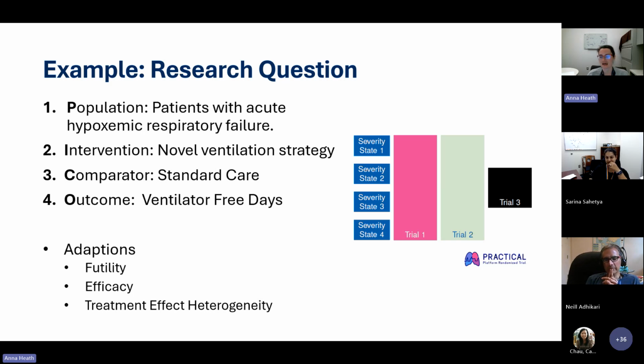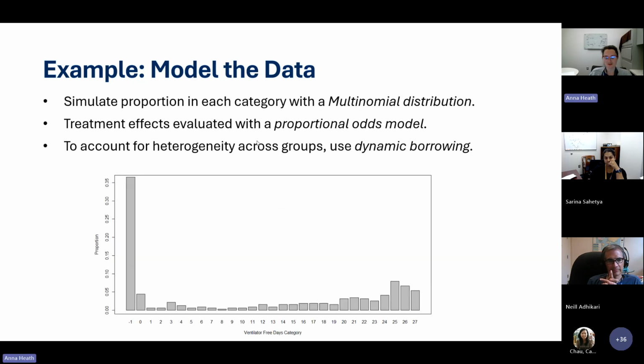So that will allow us to say that the treatment is effective, say in severity state 2, but not in severity state 3. So again, this is a crude evaluation of treatment effect heterogeneity. We're not going the full way and evaluating exactly where the cut point is for that heterogeneity, but we will allow ourselves to say whether it works in one state and not the other. So that's our PICO and the adaptations that we were hoping to make.